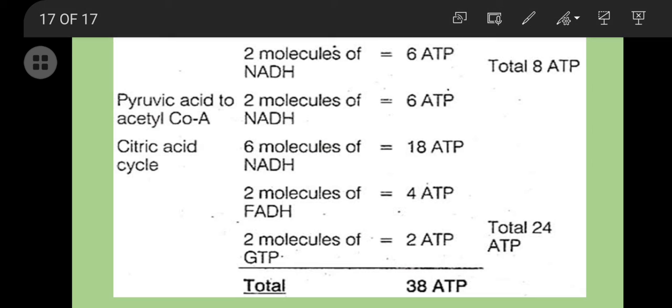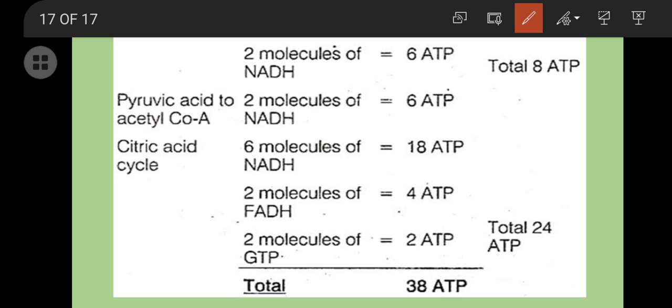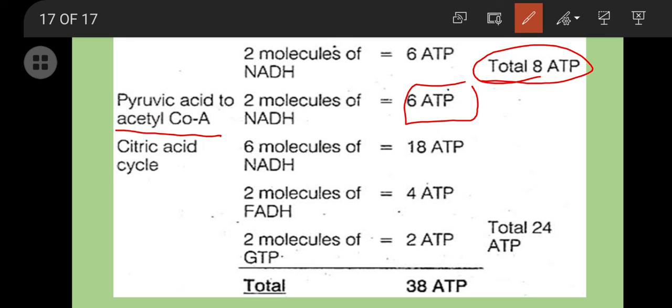Now this slide shows the complete production of ATP during oxidation of one glucose molecule. We have already discussed in the previous lecture that 8 ATP molecules are produced during glycolysis, 6 ATP molecules are produced during oxidative decarboxylation of pyruvic acid, and a total of 24 ATP molecules are produced during the citric acid cycle.